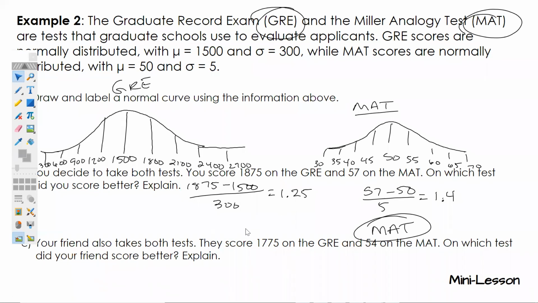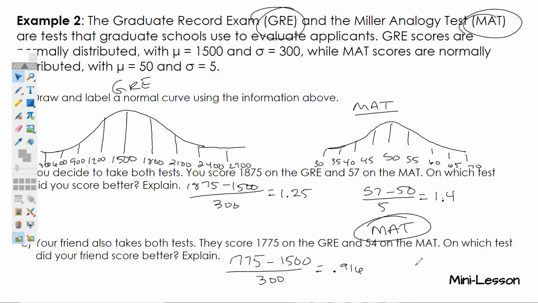Your friend also takes the test and they score 1775 and a 54. Which test did your friend score better on? So 1775 minus 1500 divided by 300. When we plug that in, that's going to be 0.916.